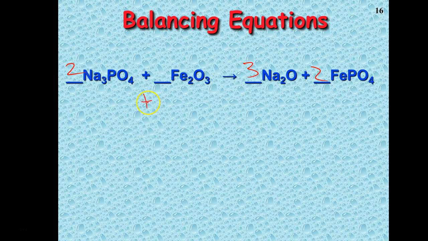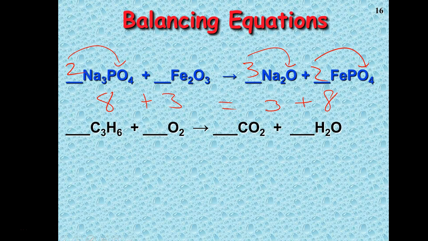If they're on the same side of the arrow, they add together. So I have 2 times 4, 8, and I have 3. Over here, I have 3 times 1, 3, plus 2 times 4, 8. Oh, look at that. They're equal. And sometimes that happens, particularly if you save it for last.